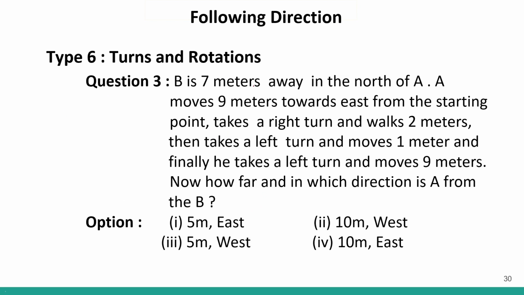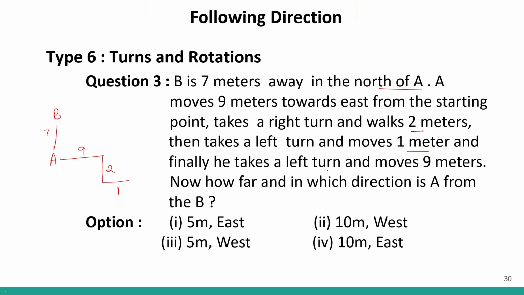Now B is 7 meters away in the north of A. So B is 7 meter to the north of A. A moves 9 meter towards east. So 9 meter towards east from the starting point, and takes a right turn and walks 2 meter. Then takes a left turn and walks 1 meter.